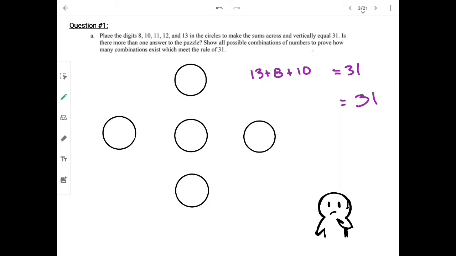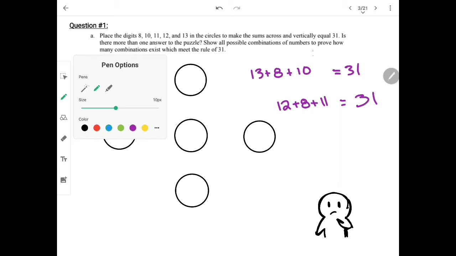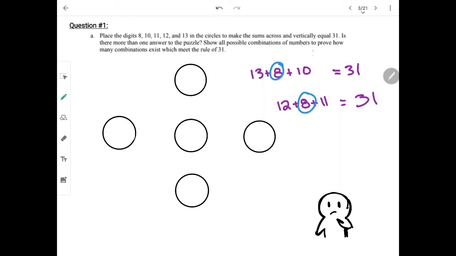We'll also notice that 12 plus 8 plus 11 is equivalent to 31. Now if we take a quick look at our sets of numbers, we'll notice that 8 is a common number in both equations.